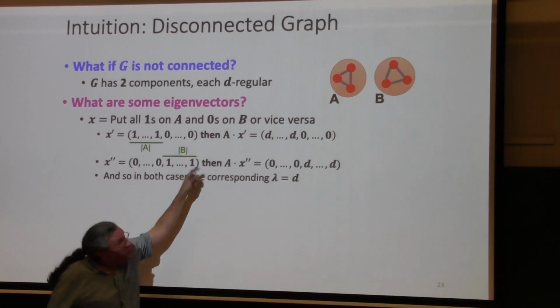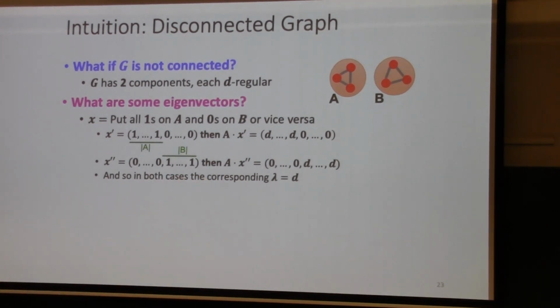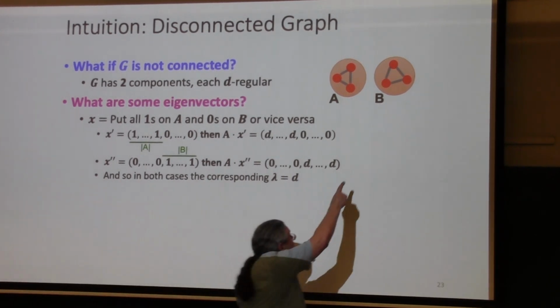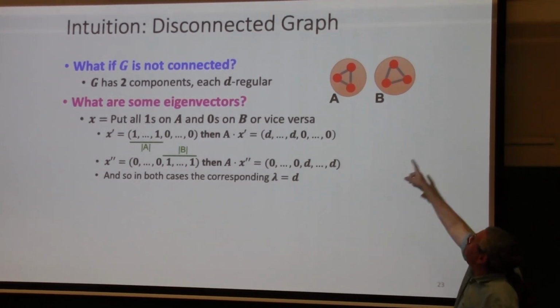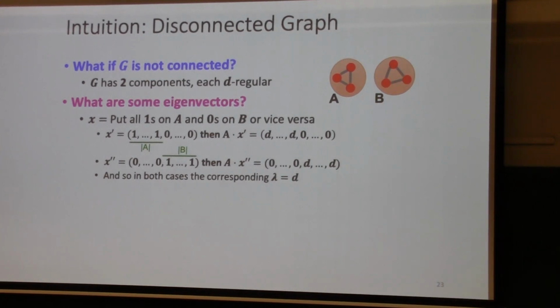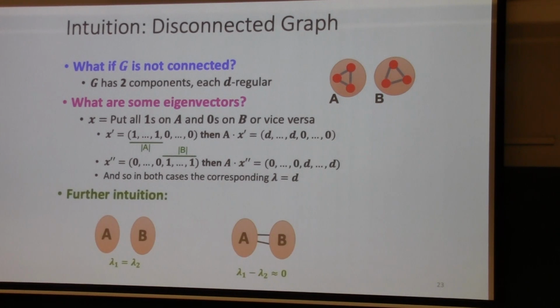So you have two separate eigenvalues that are the same. Notice that if the degree were different for B, we would have a different value. We could have d1 and d2. But here you have d for both, so they're the same. And you can kind of do an approximation now.